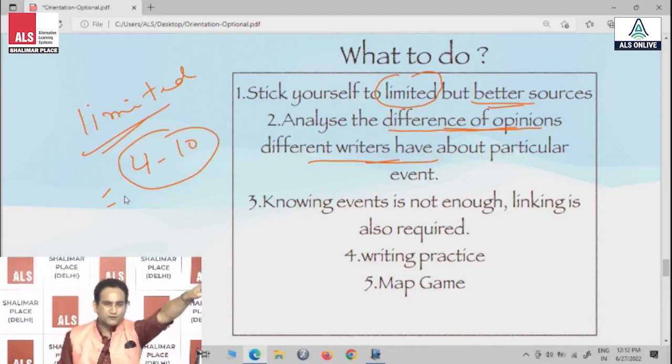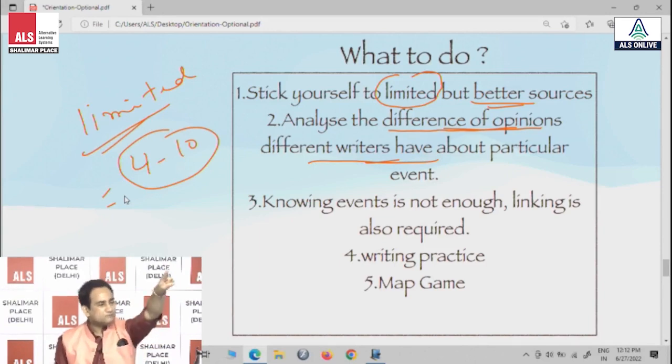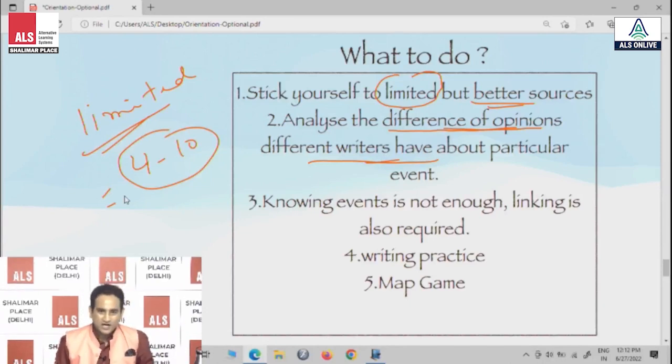This was the reason for Bhakti movement according to Max Weber. This was the cause of rise of Bhakti movement according to Tara Chand. But you have to understand finally which view is historically valid. Otherwise, you will start supporting the wrong view. Are you getting it? So, limited sources, and analyze the different views.